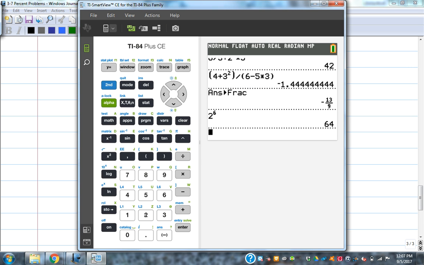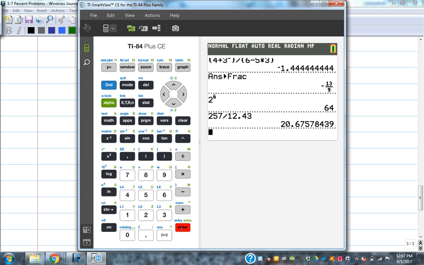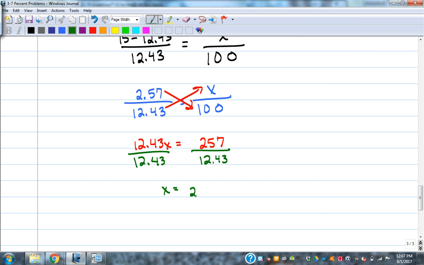So 257 divided by 1243. So 675 would make that round to 0.6 what? 68. 20.68. So our tip is 20.68%.